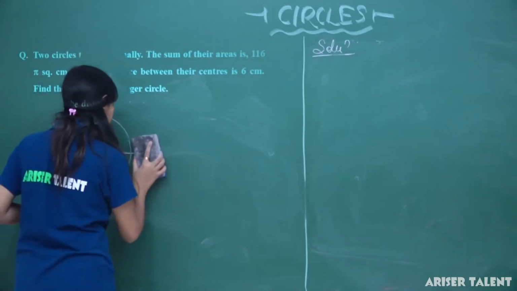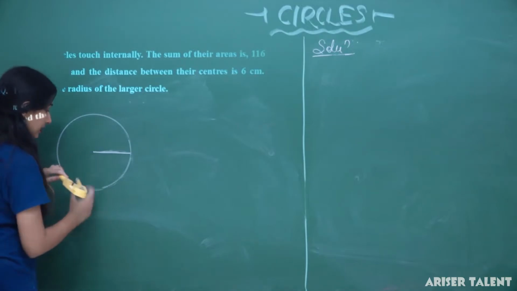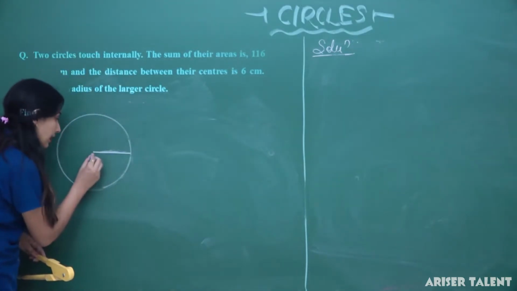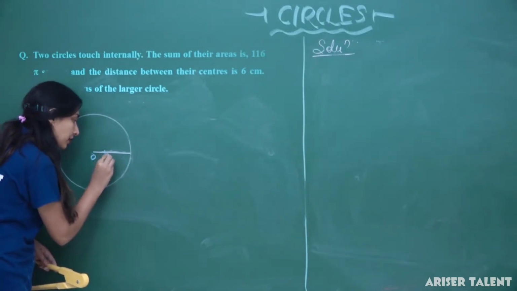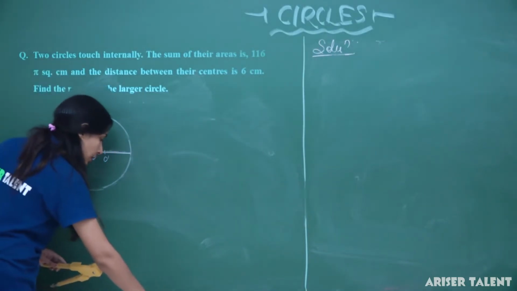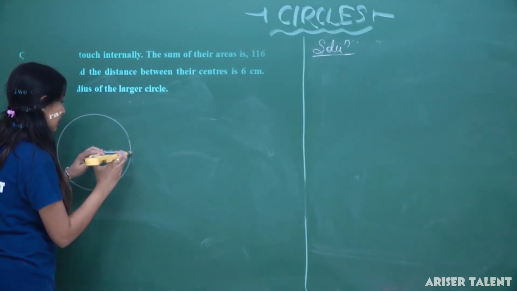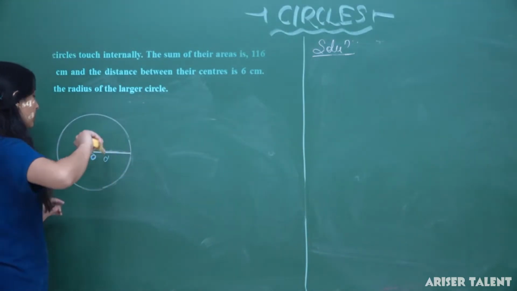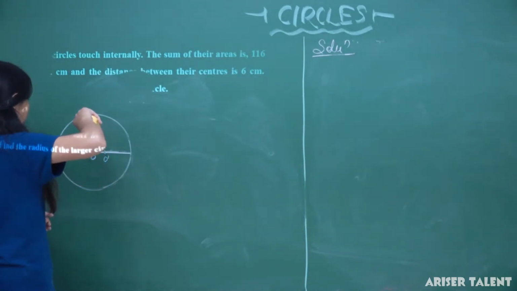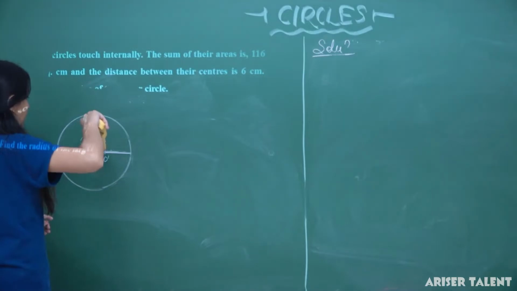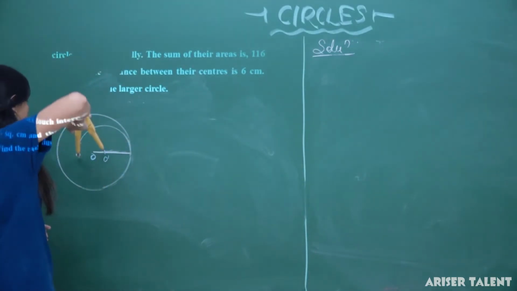Now what I am having? An internal circle which touches this. This is the point O or center O. Now I am having O dash here. It is touching this. Can I just have another circle inside this circle?